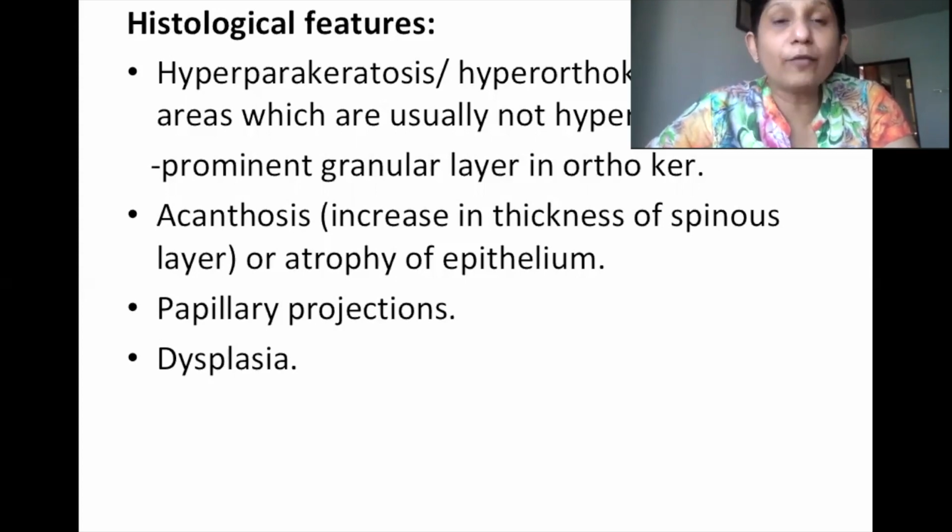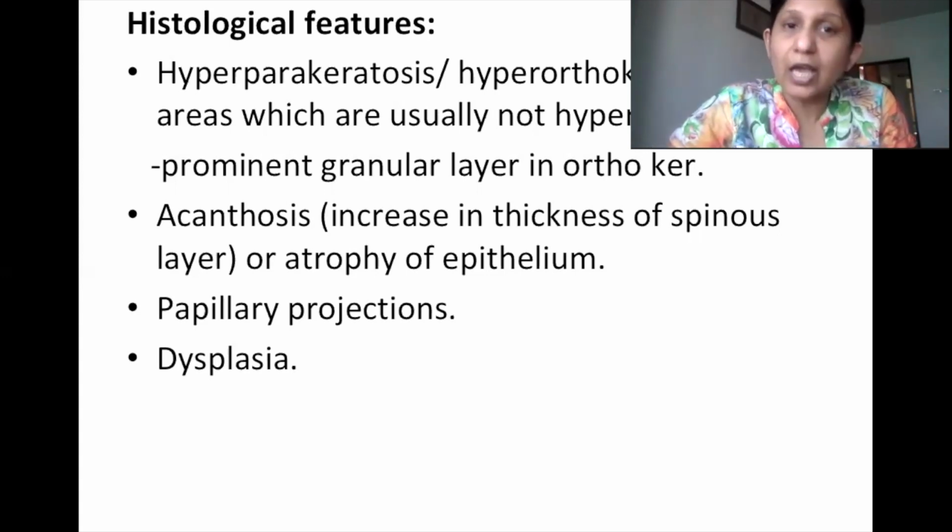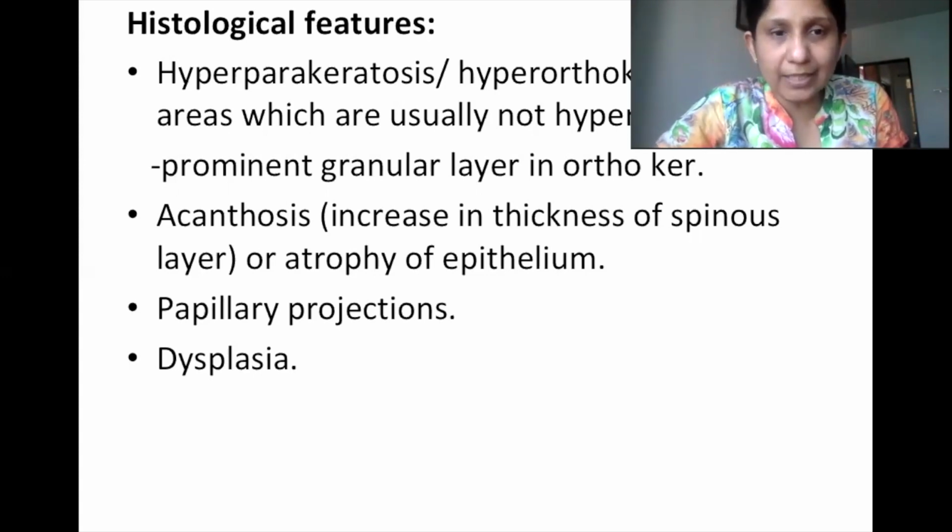Depending upon whether there are pyknotic nuclei, you call it a parakeratotic area. And when there are no nuclei and it is only keratin that you find, you call it an orthokeratotic area. Another point where you can differentiate the hyperorthokeratotic area is that you find a very prominent stratum granulosum, the granular layer just below the orthokeratinized area, which is absent in a parakeratinized area.